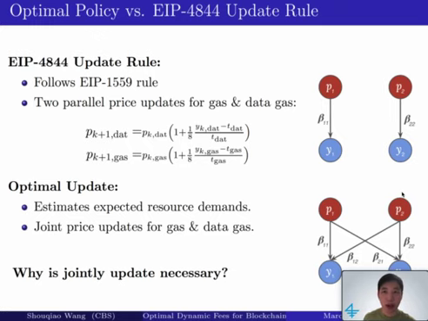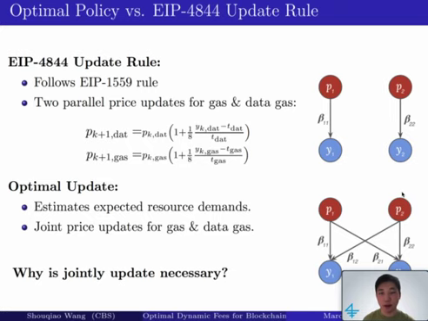So we also compare our policy versus the EIP 4844. Similar to the previous slide, we are using the estimated resource demands, which is the conditional expectation of yk plus 1, rather than the demand from the previous block to update our fees.